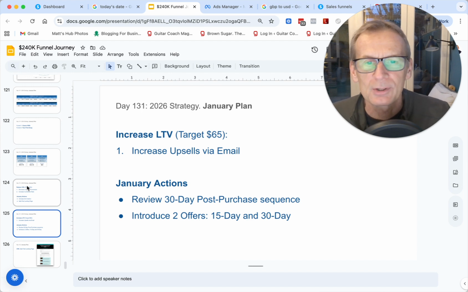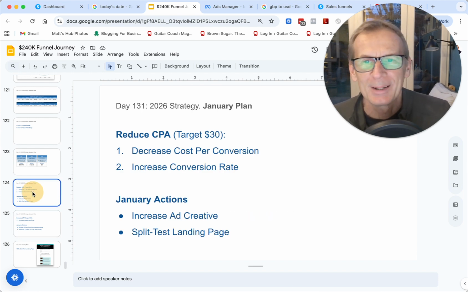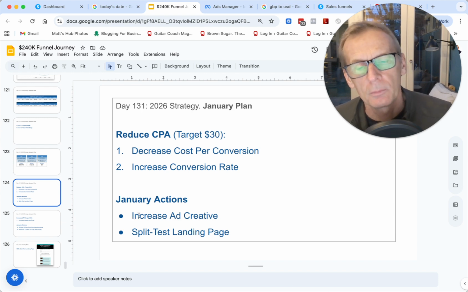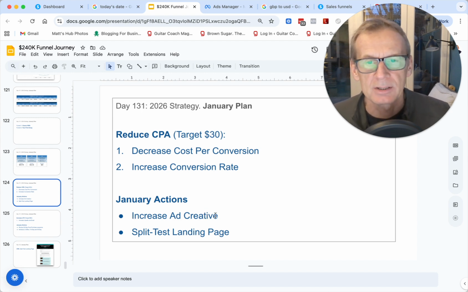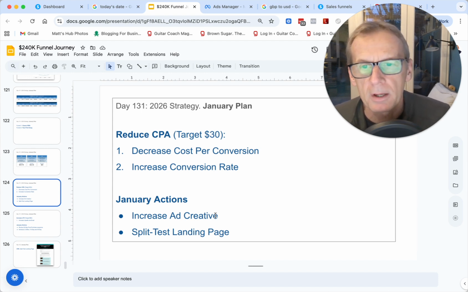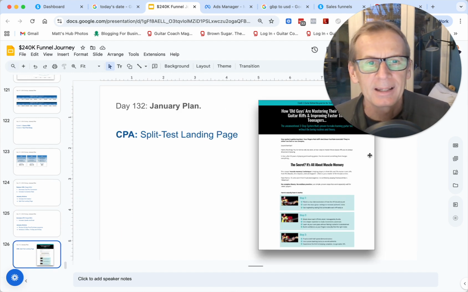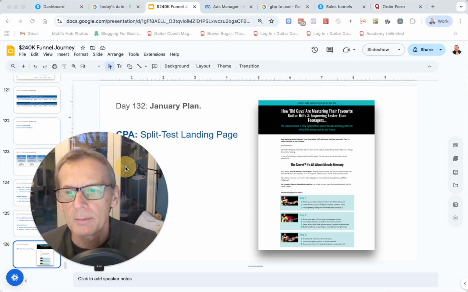So I'm going to start with the simplest and easiest things to do, which was looking at two specific actions I've got. One is split testing, coming up with a new split test for a landing page, and the other one was increasing my ads creative. I sort of know what I'm going to do for both of those now, but the one I'm going to focus on straight away, because it's the easiest, is what am I going to do with my landing page?